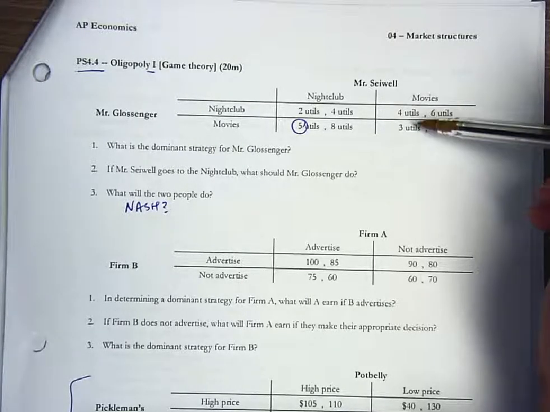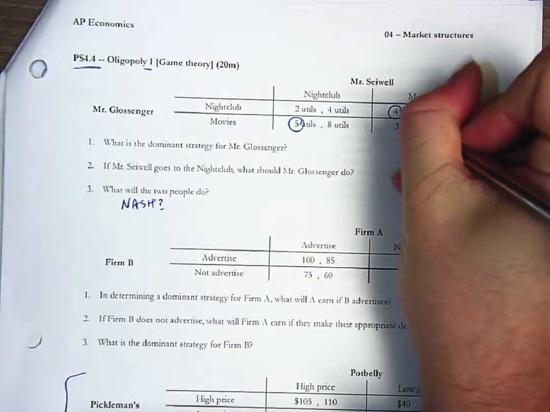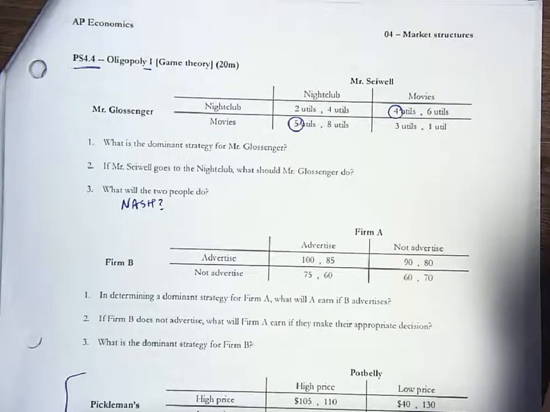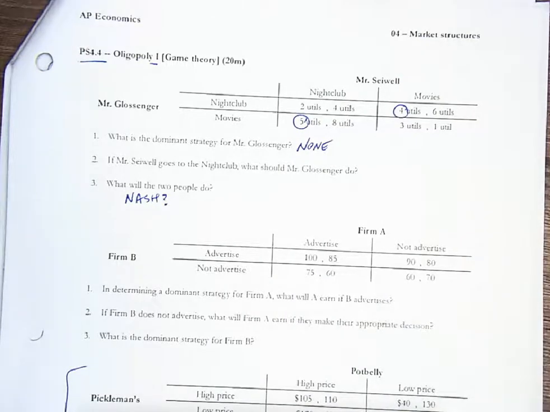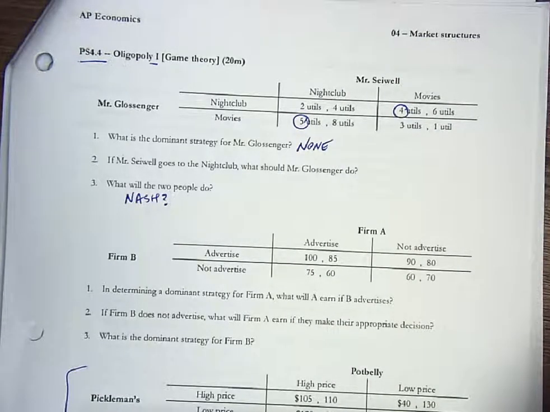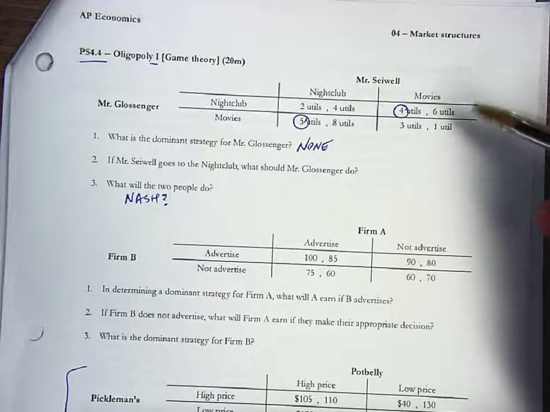And remember, the left numbers go with the left player. So Glossinger would prefer 4 utils. So it's clear here that there isn't one, right? There is no dominant strategy for Glossinger, because Glossinger might go to the movies and he might go to the nightclub. It just depends on what Sywell does.